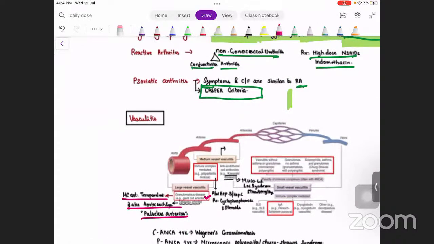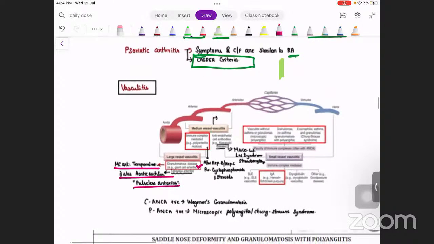Speaking about medium vessel vasculitis, the important one is polyarteritis nodosa, which is immune complex mediated. PAN is associated with hepatitis B and C, and the treatment of choice is cyclophosphamide and steroid.